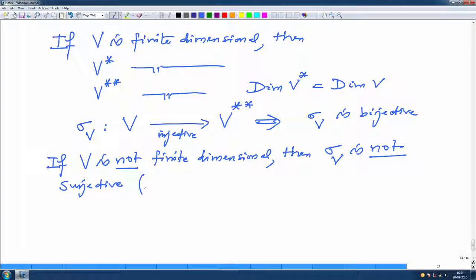This example is given in the exercises or supplements.